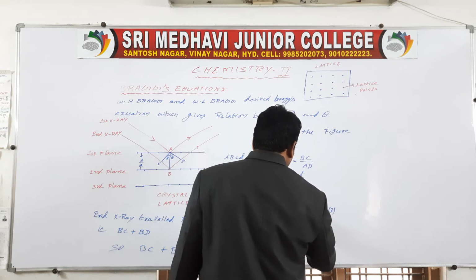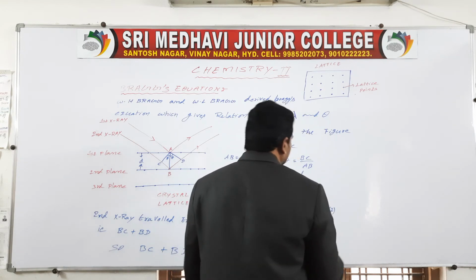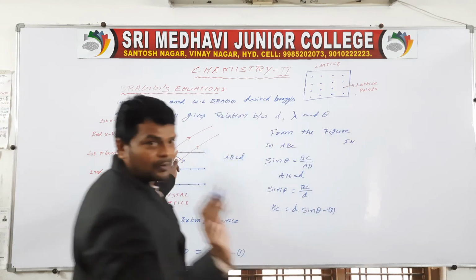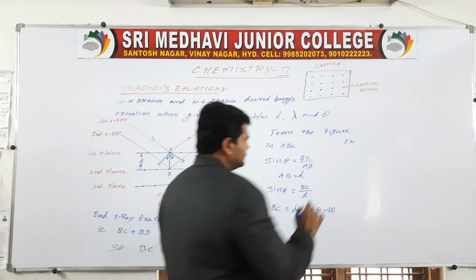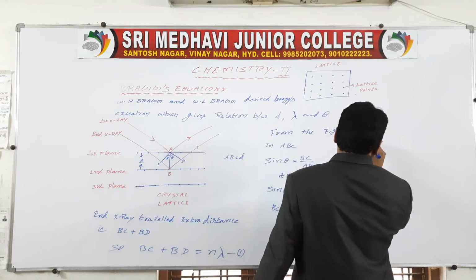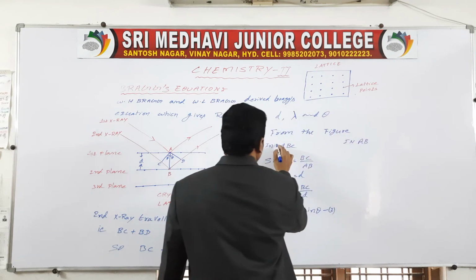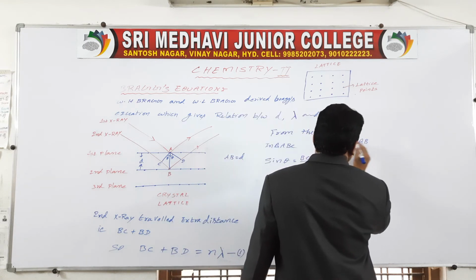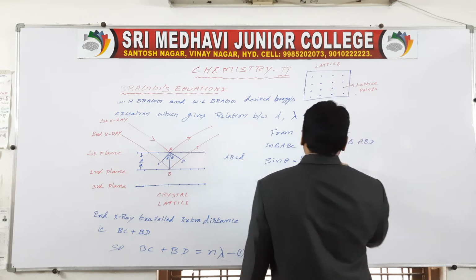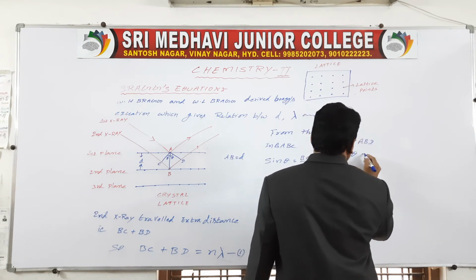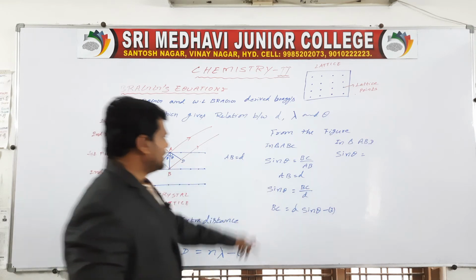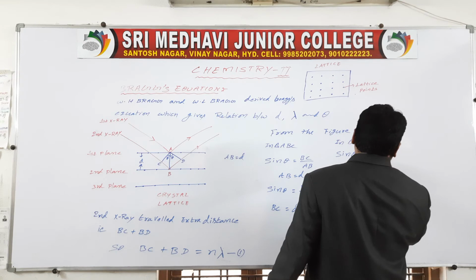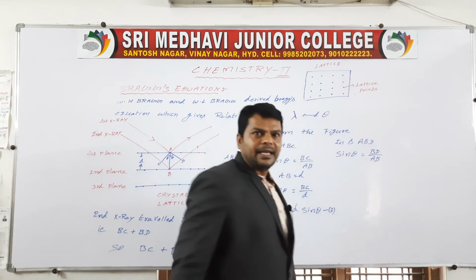Okay. Then in one more triangle, ABD, this was triangle ABC and this is triangle ABD, sin theta equals opposite side by hypotenuse. Opposite side means BD, hypotenuse means AB.